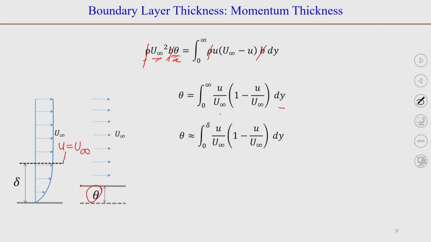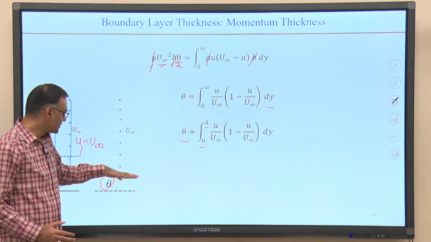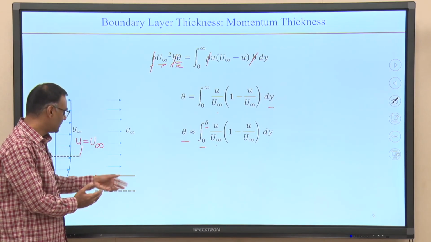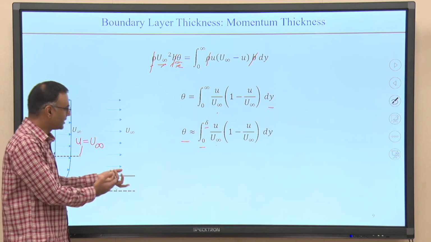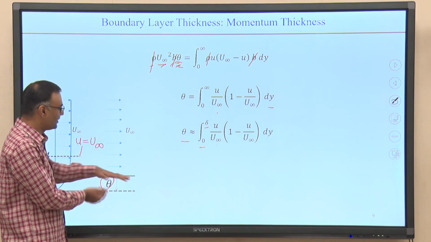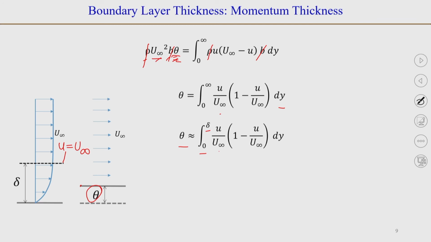So, we can again consider that theta is equal to integral 0 to delta u by u infinity into 1 minus u by u infinity dy. So, momentum thickness is basically the distance by which the plate needs to be moved up, so that the reduction in the momentum deficit is taken into account.